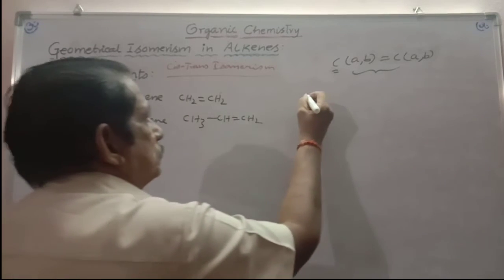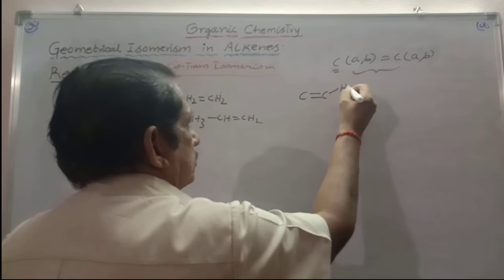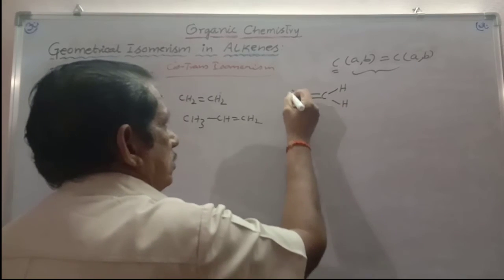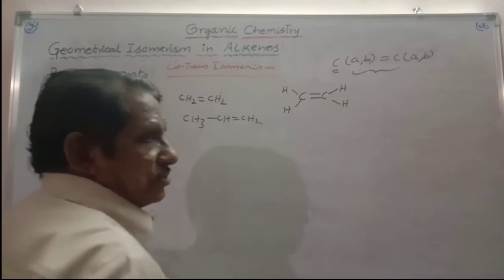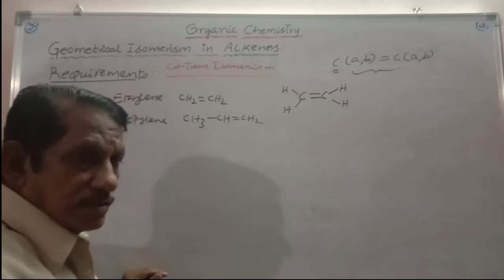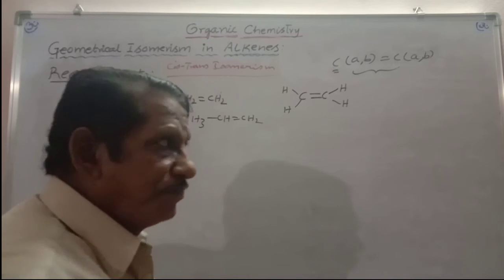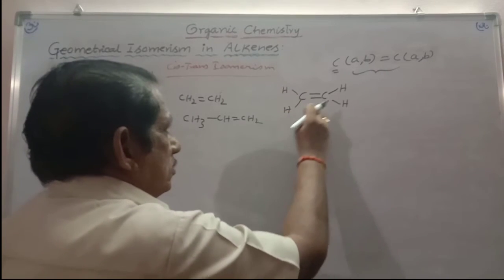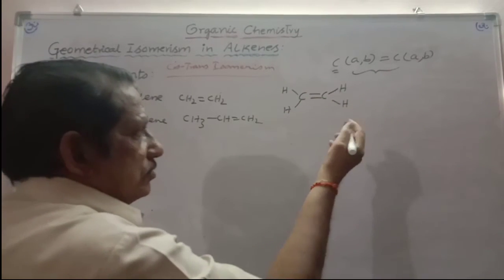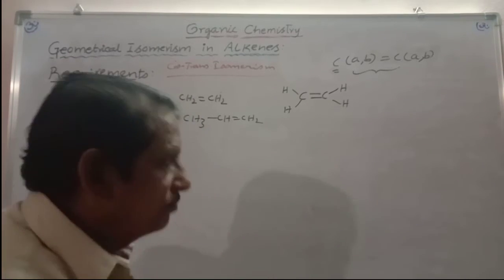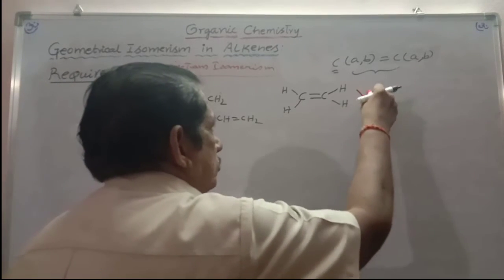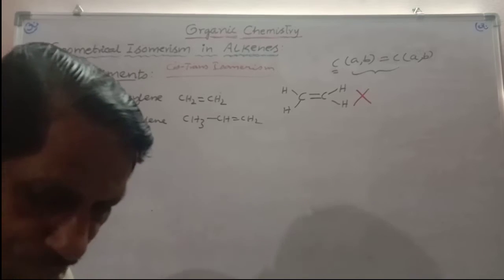Let us check here. C double bond C, this carbon is carrying two groups H, the other carbon is also carrying two hydrogens. If one of the two sp2 carbons is carrying the same two groups, that does not exhibit geometrical isomerism. This carbon is carrying same groups, this carbon is also carrying same groups, and so this does not exhibit geometrical isomerism, no geometrical isomerism at all.